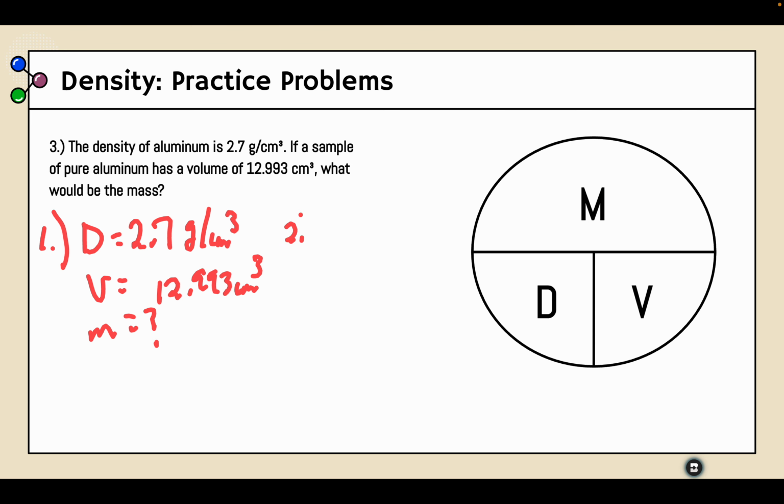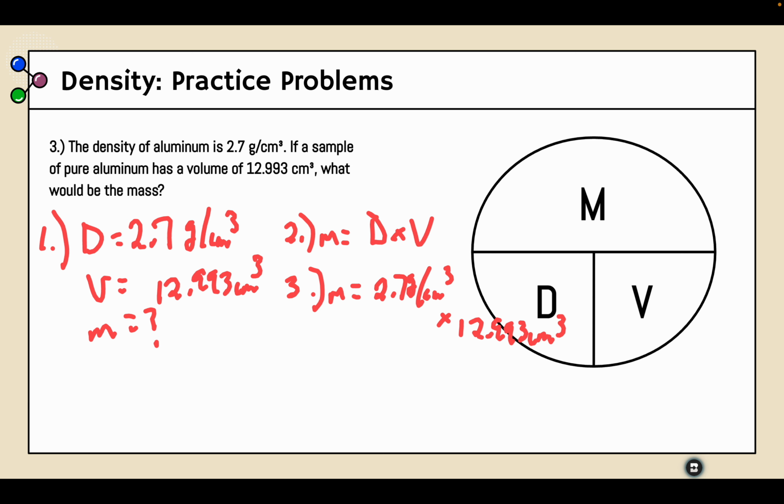So step 2, I find my equation. Mass equals D times V. So step 3, I'm going to plug in my values. I might run out of room here, so I apologize. I might abbreviate grams per centimeter cubed. And I'll multiply it by 12.993 centimeters cubed.